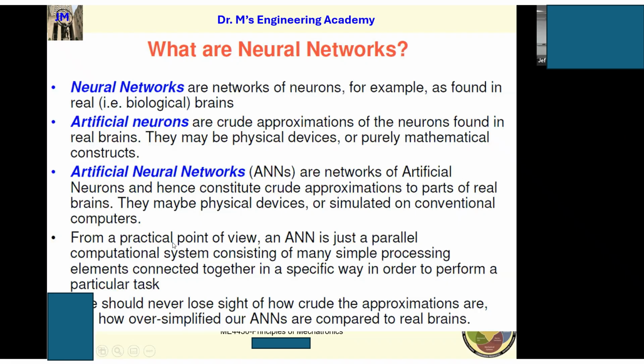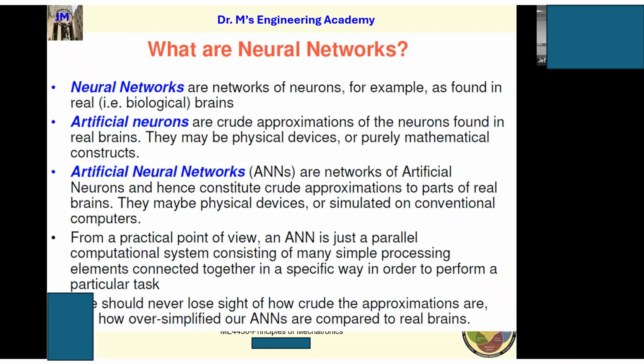From a practical point of view, an ANN is just a parallel computational system consisting of many simple processing elements connected together in a specific way in order to perform a particular task. From the perspective of an engineer, an ANN is just a parallel computational system, right?